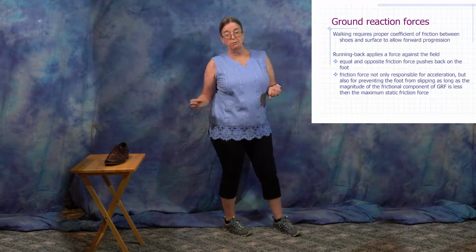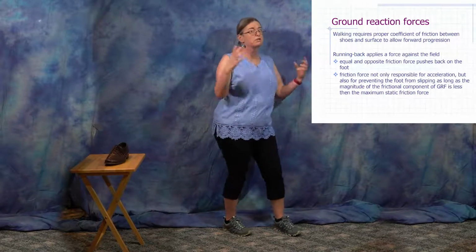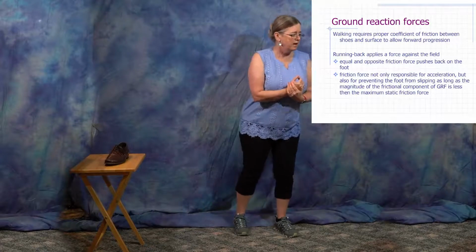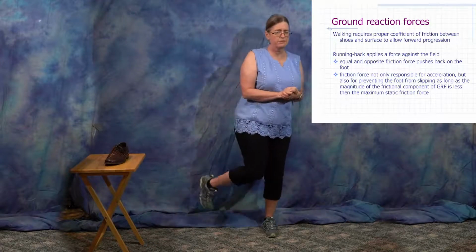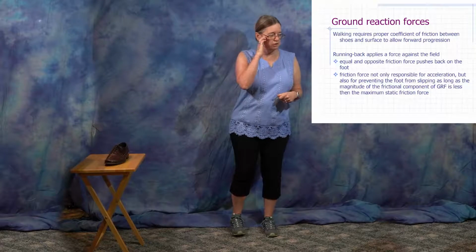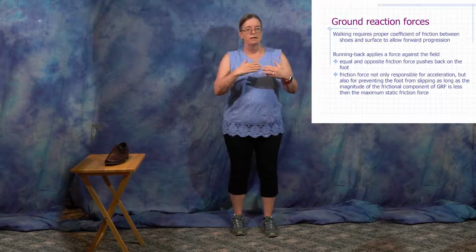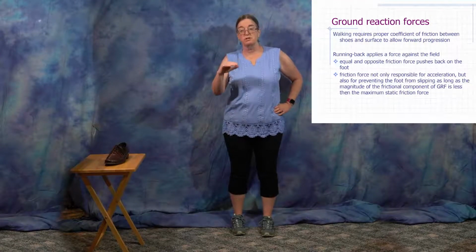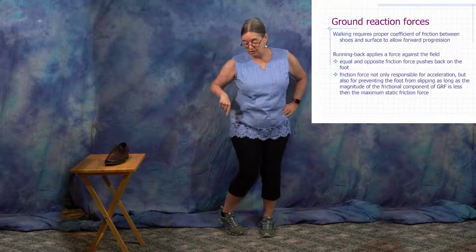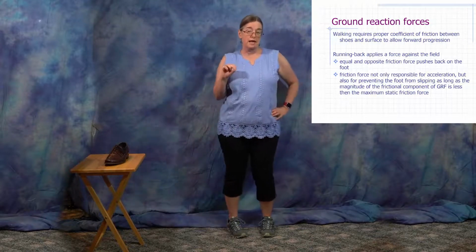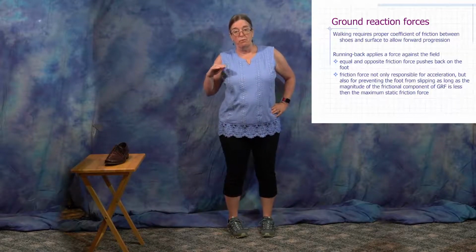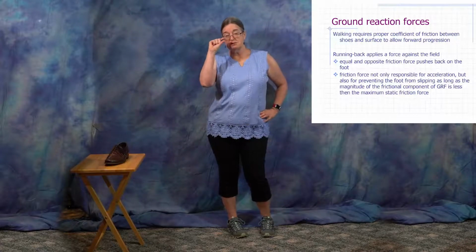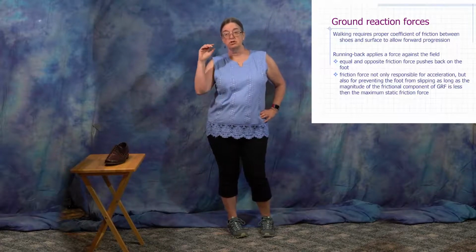It's what the ground pushes back on us with, which is equal and opposite. And as long as that foot doesn't slip, you need to have that friction stay below the maximum static friction, which is a combination of how much they're pushing down with and what the coefficient of static friction is between the shoe and the surface.